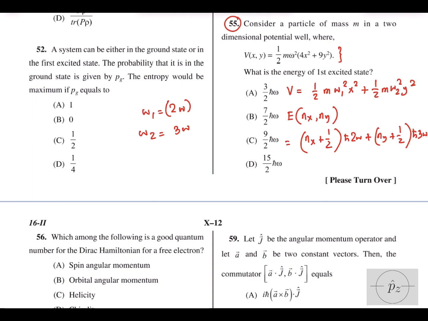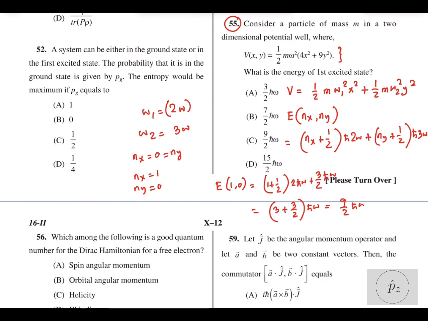So the ground state corresponds to nx equal to 0 equal to ny. To find the first excited state, we put nx to be 1 and ny to be 0 and find the energy. So E(1,0) is (1 plus half) times 2 h bar omega plus 3 by 2 h bar omega, and this is equal to (3 plus 3 by 2) h bar omega, and this is 9 by 2 h bar omega.